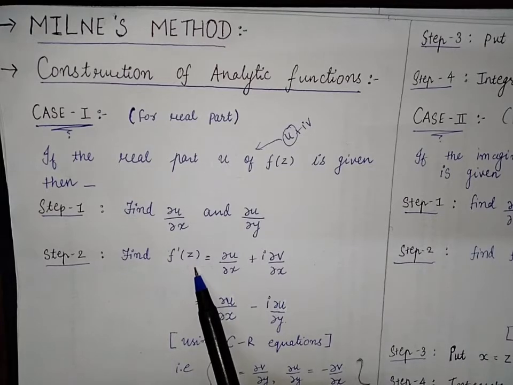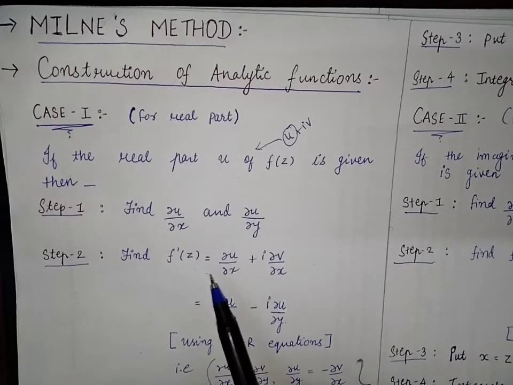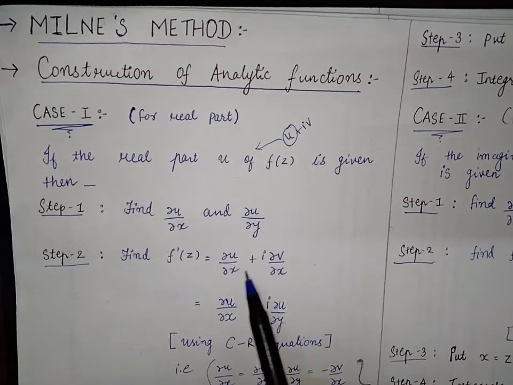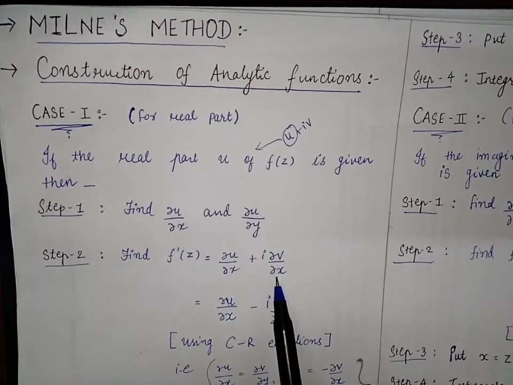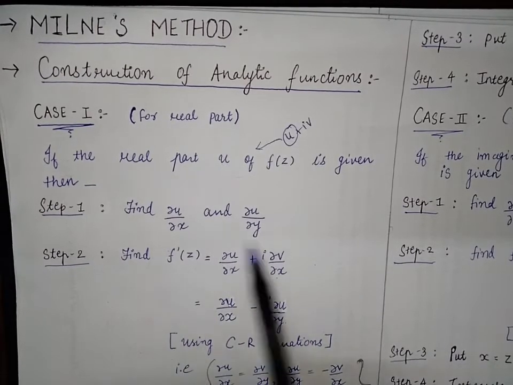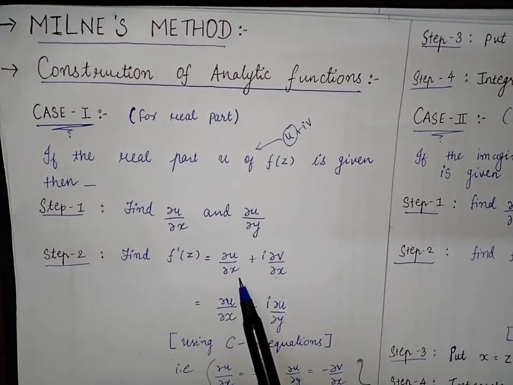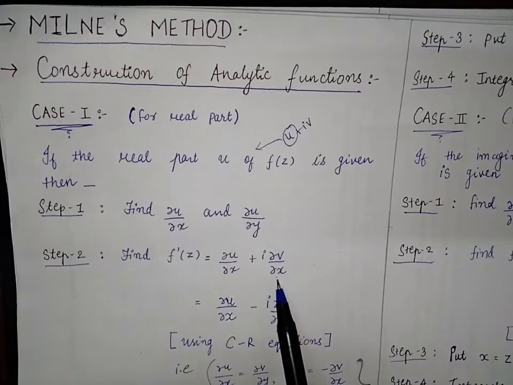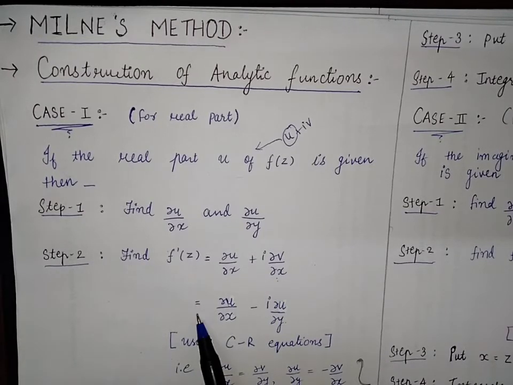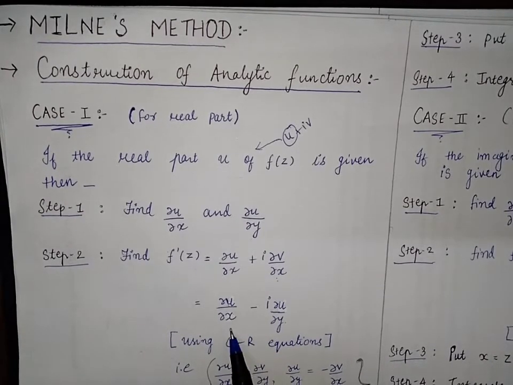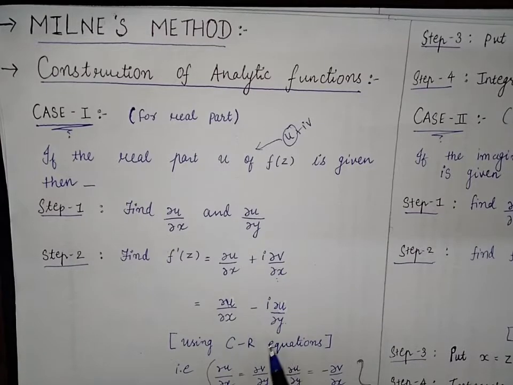And you know f dash of z is equal to del u by del x plus i del v by del x. This is the formula of f dash z, and that is equal to del u by del x minus i del u by del y.